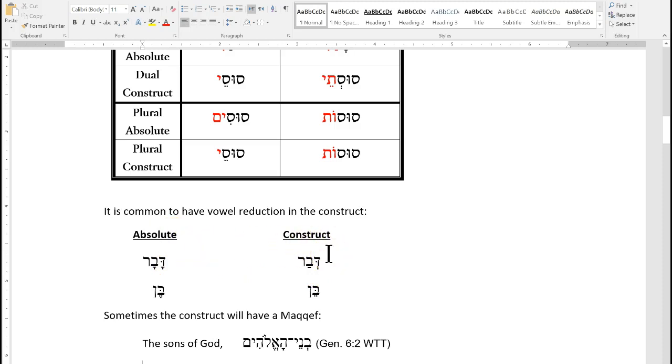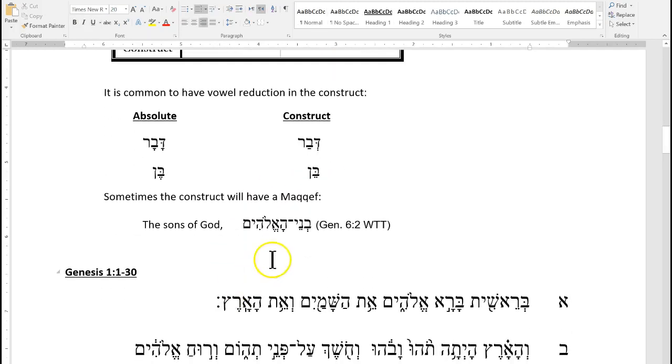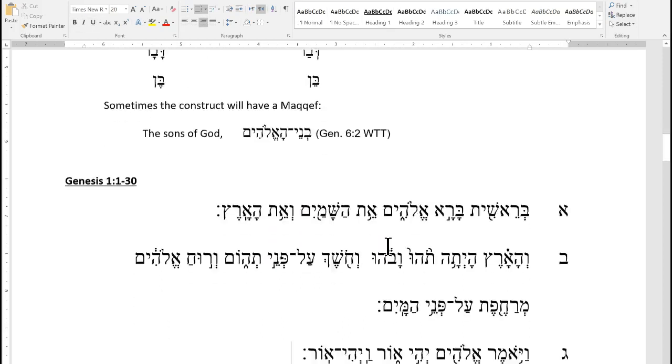So you just have to see these in context. Sometimes they'll give it in the lexical entry. And every now and then you'll actually have a makaf. So sons of the Elohim. So you have sons of, this will be a plural construct. And you have the makaf there to help you. So that's all the grammar we're going to do.